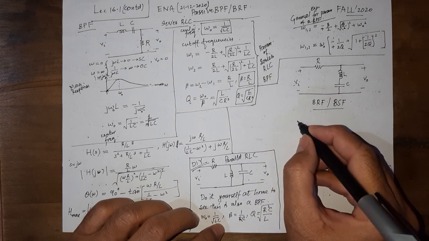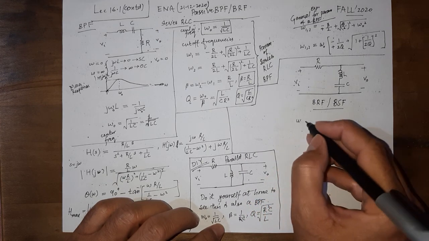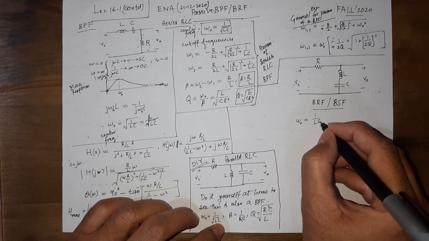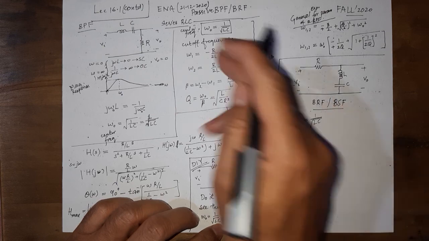And it would be interesting to note that for a band reject filter, this omega naught would still be the same thing, 1 over square root of LC.